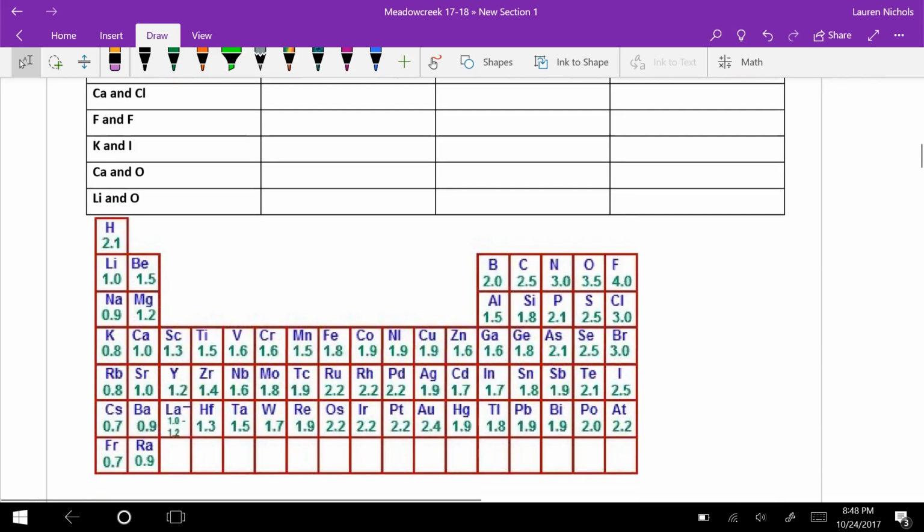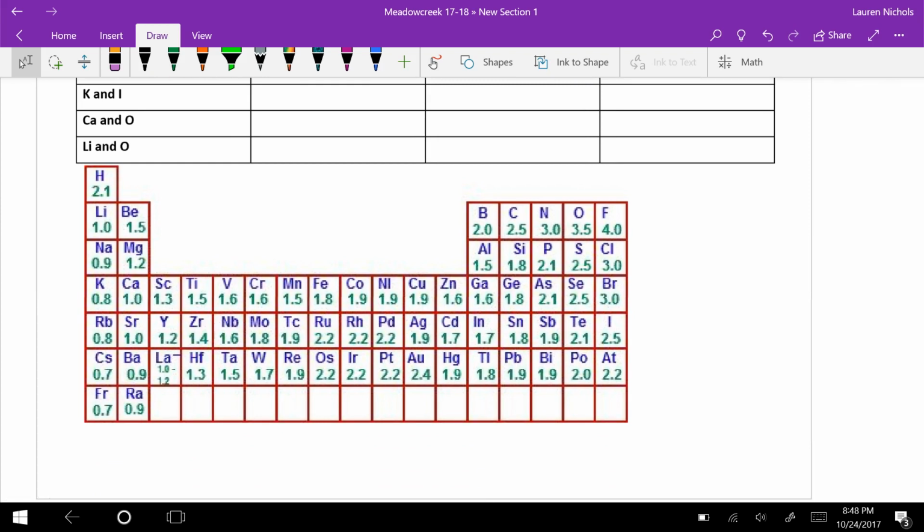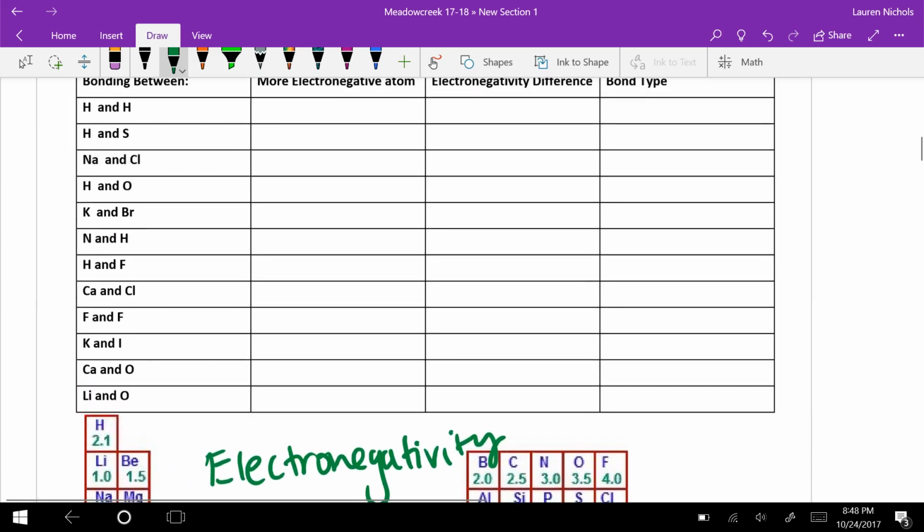Now, at the bottom of your page, you have a periodic table here, and these are electronegativity values. Okay, there's no way for you to solve this problem exactly without being given these values. So if you need them on a test or a quiz, they will be provided to you.